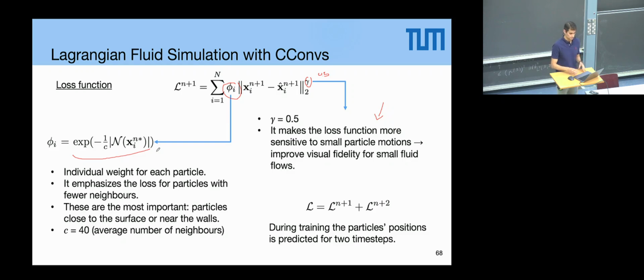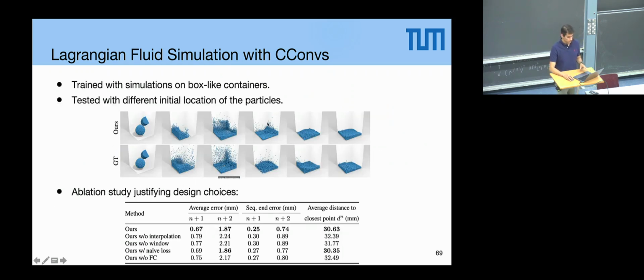of neighbors. Why so? Well, if we have a look at, for instance, this simulation, you may see that this node here has a very small number of neighbors. Also, these ones here have a very small number of neighbors. And if we want the simulation to look visually good for computer graphics, then these are the nodes that are going to be easier to tell if they are wrong or not for some user or for the audience.